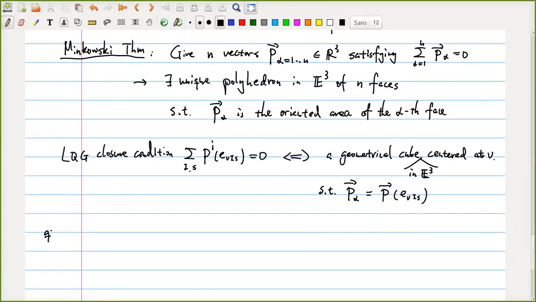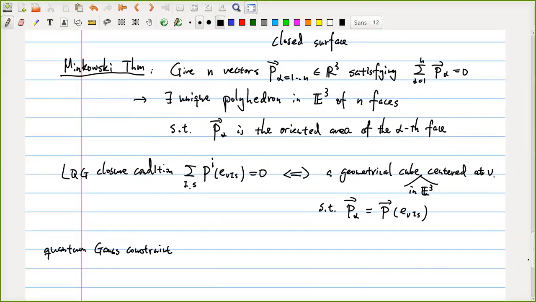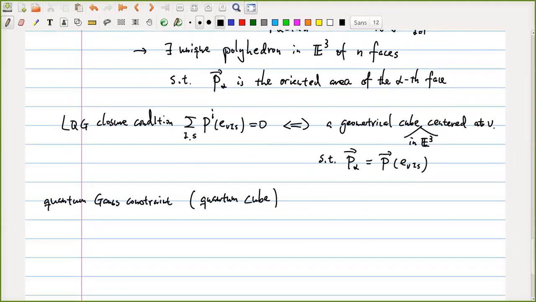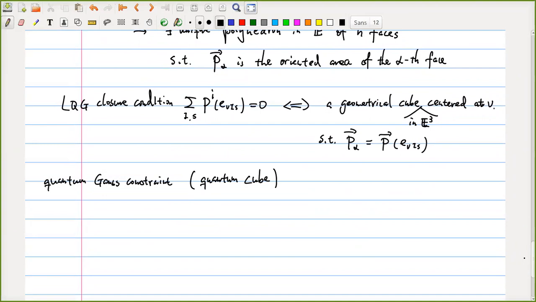Okay, so now let's come to the quantization: the quantum Gauss constraint. Quantization of the Gauss constraint is the same as quantization of the closure condition. But we know from the Minkowski theorem that the closure condition is equivalent to the geometrical cube. So the quantum closure condition corresponds to a quantum cube, meaning a quantization of the cube geometry.